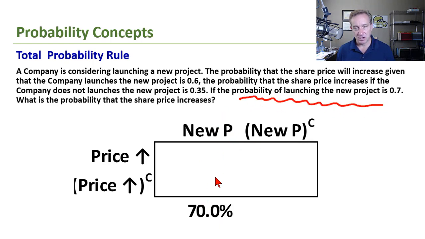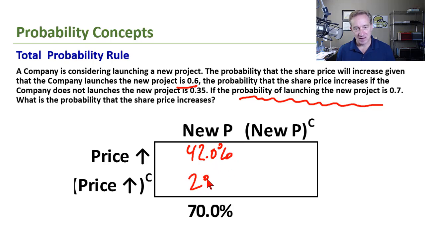The probability of launching the new project unconditionally or marginally is 70%. And then if I want to fill in this cell here, the joint probability of a new product and a share price increase, I would take this conditional probability of 60%, multiply it by this 70%, and I'd get a 42% here.